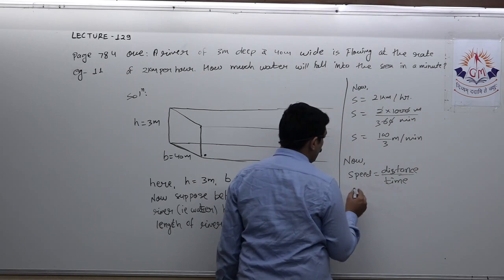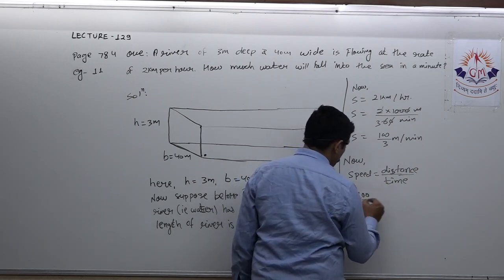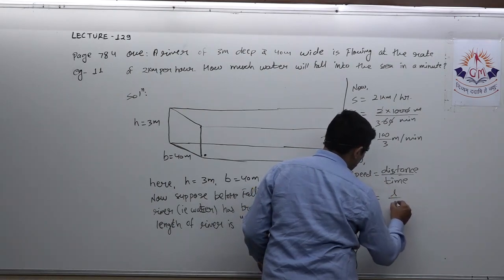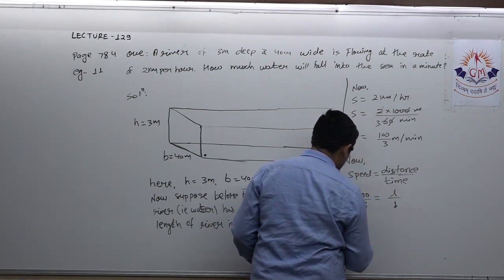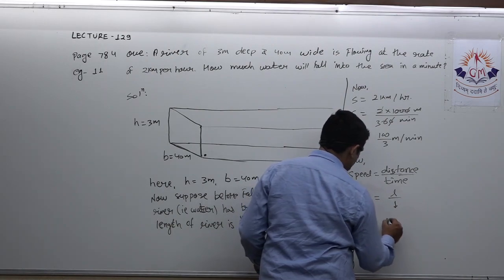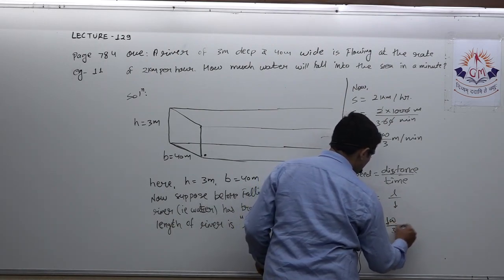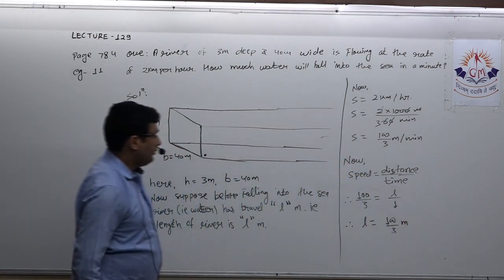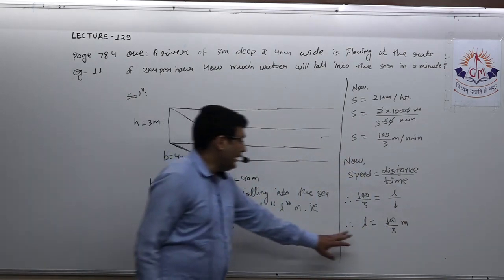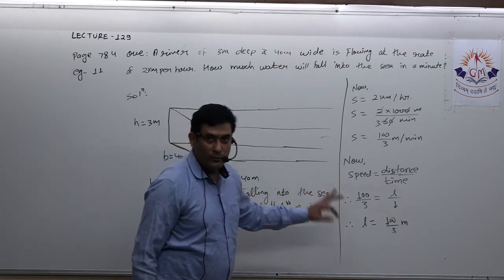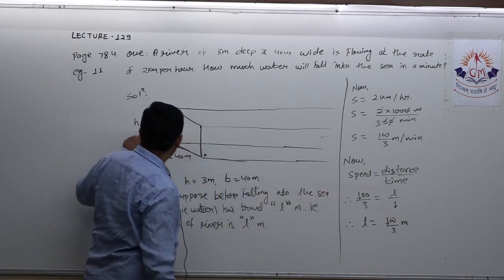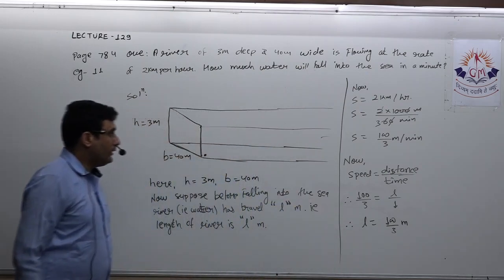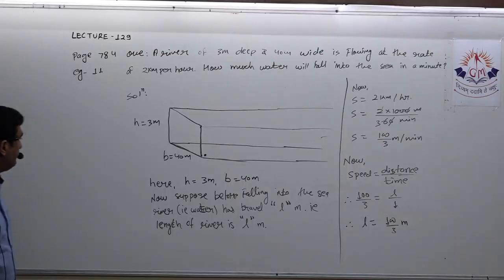So speed is 100 upon 3, distance is what we assumed, L, and time is 1. This gives you L is equal to 100 upon 3 meters. Okay, so we got the L. Now what we have to find is how much water will fall into the sea. For that we have this is B and this is L. So please note it down, then we'll see the remaining portion.